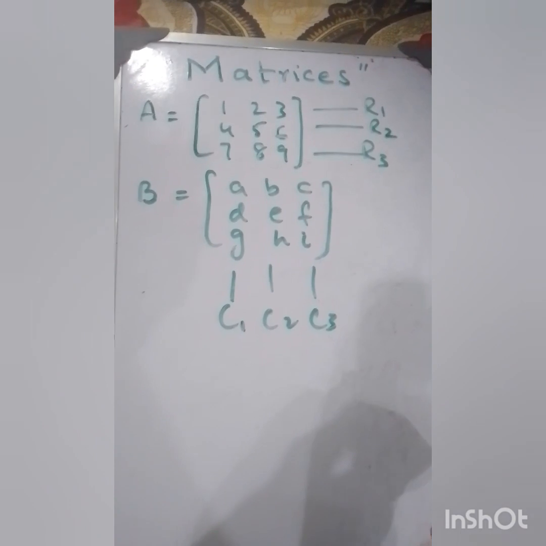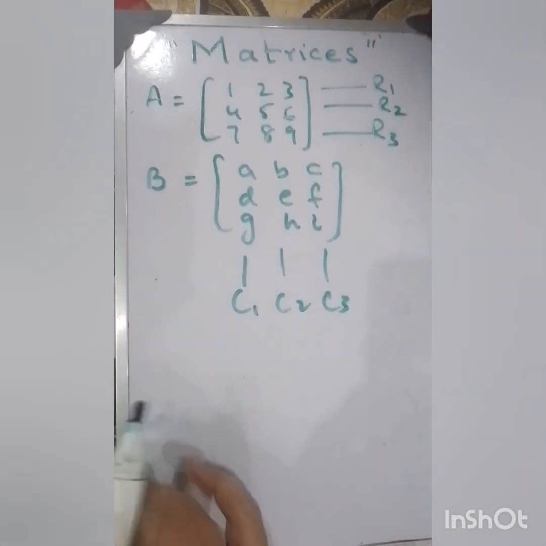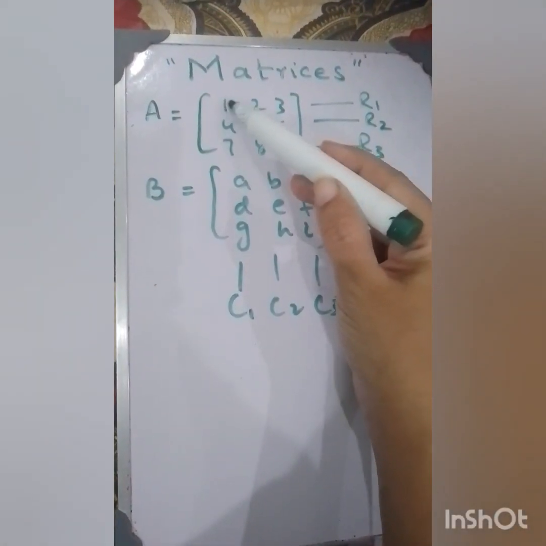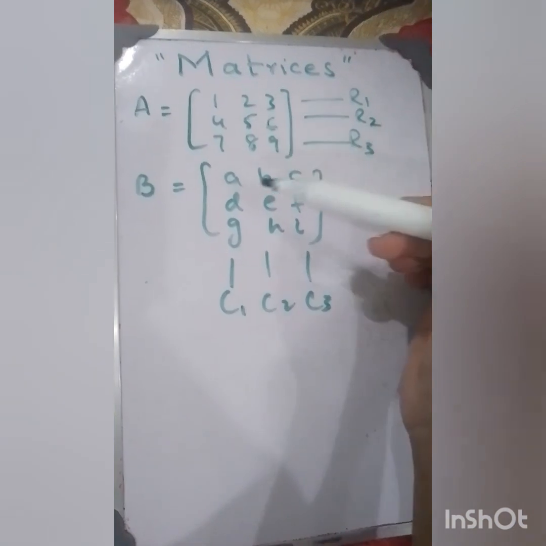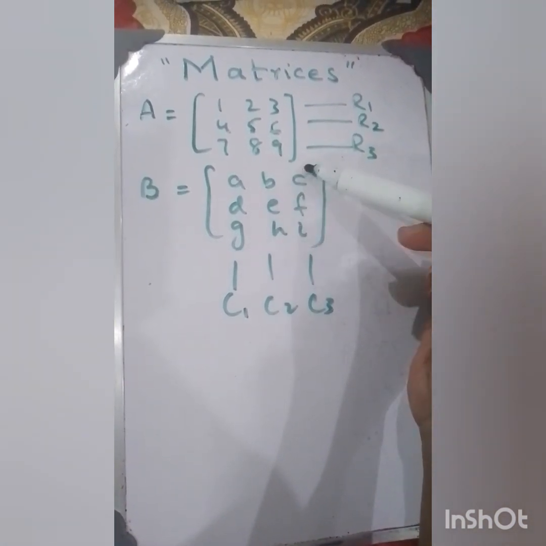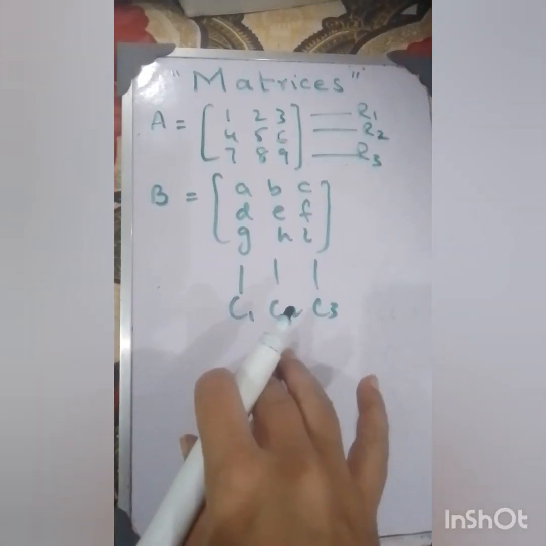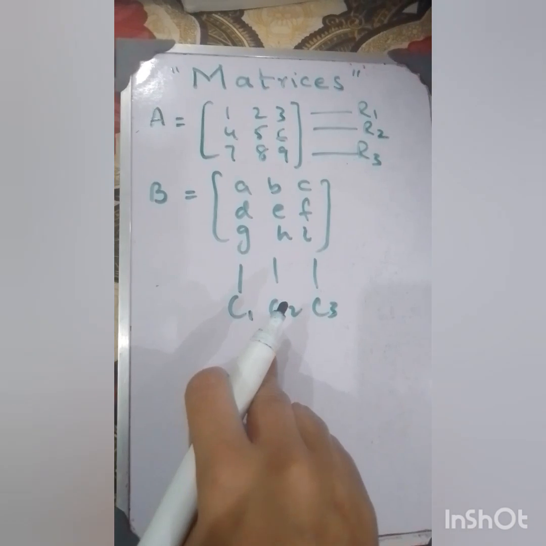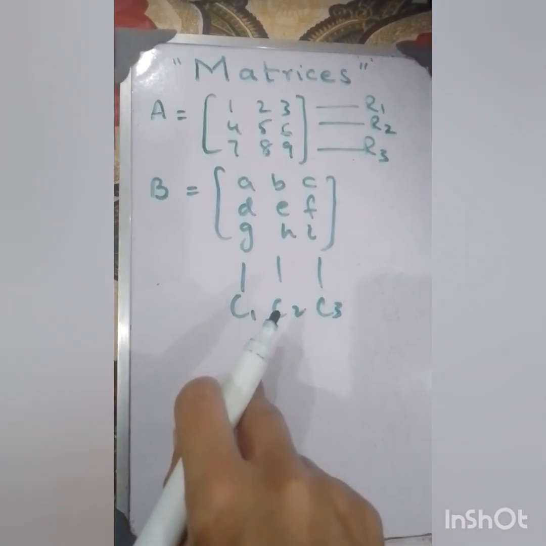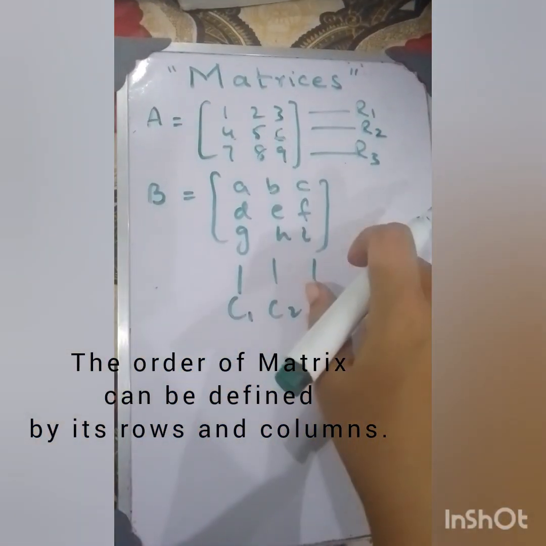Now here I am mentioning the rows and the columns separately. You can see the matrix which has row 1, row 2 and row 3, and similarly the B matrix showing you column 1, column 2 and column 3. Now let's discuss the order of a matrix. The number of rows and columns in a matrix specifies its order. Suppose B is my matrix.